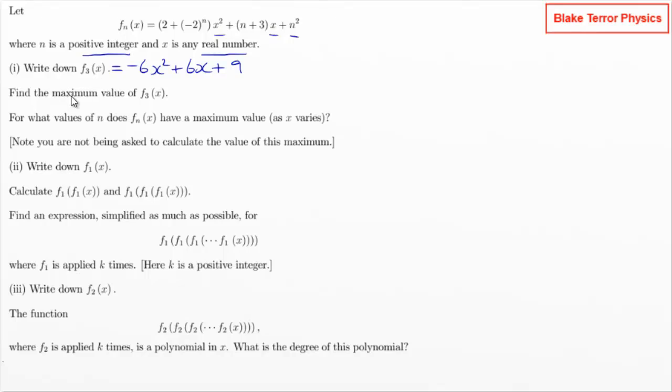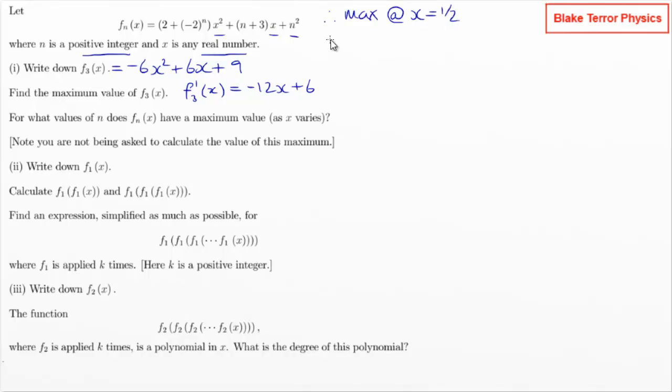Right, that's fine. Find the maximum value of this. So f dash subscript 3 of x is going to be equal to minus 12x plus 6. So we've got a maximum at x equals a half.